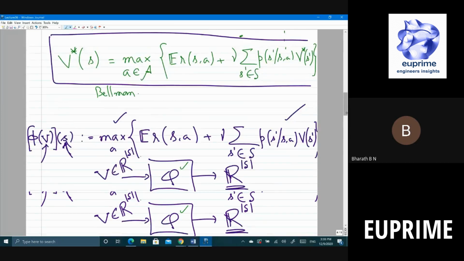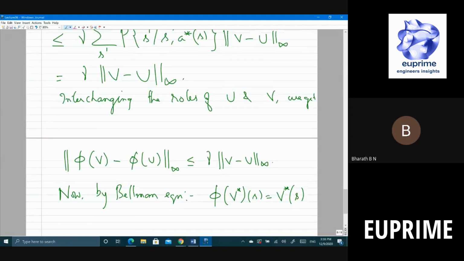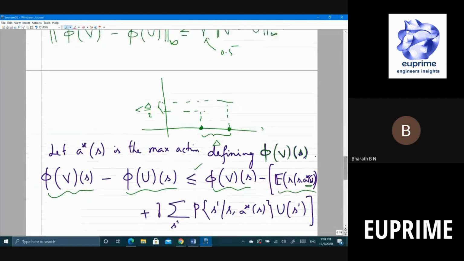That's called the Bellman equation. So Bellman equation says what? It says phi of v star of s is equal to v star of s, right? Do you agree with this? Yes, sir. Right. So I'll go back. Wait.